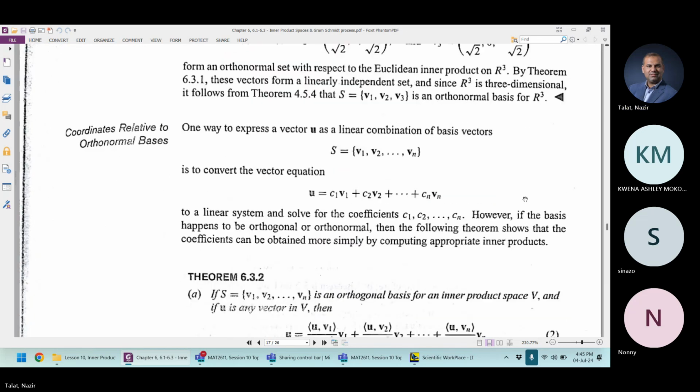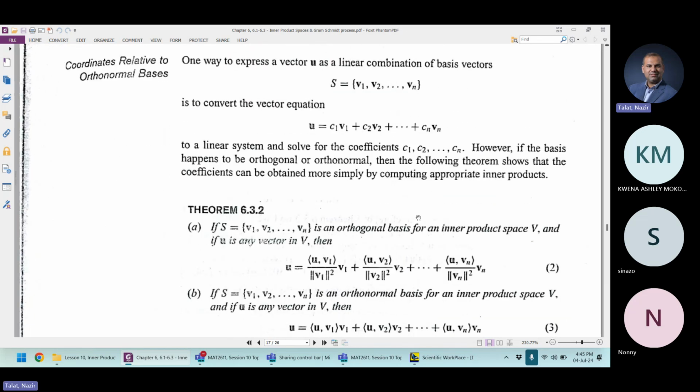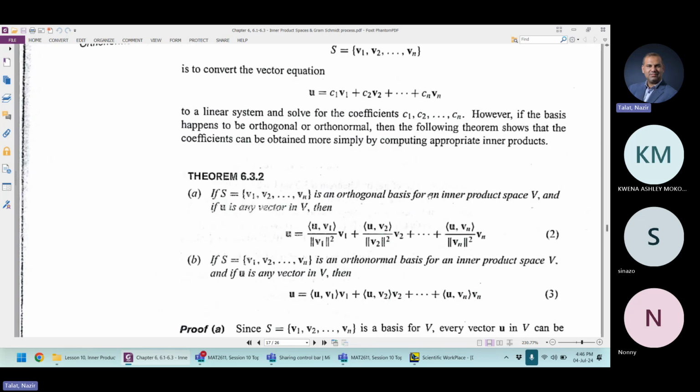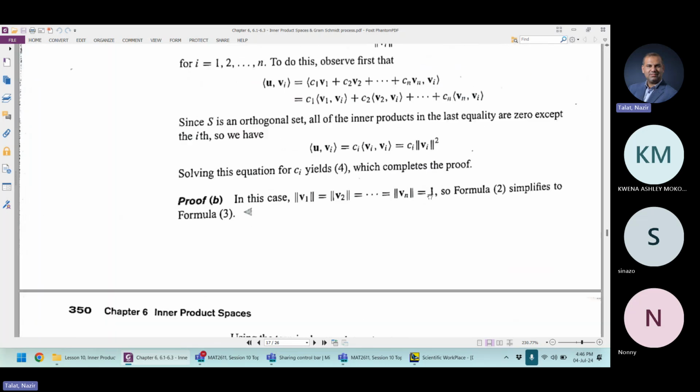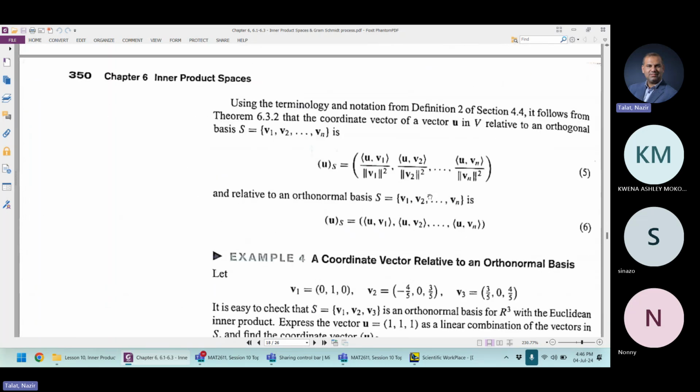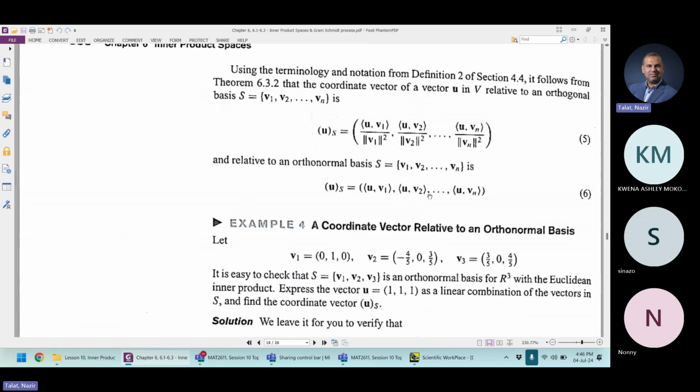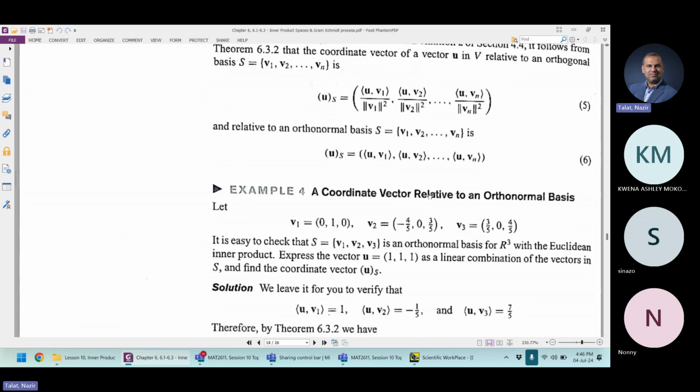Now, the Gram-Schmidt process allows us to obtain the orthonormal basis, and the method is quite simple. There are some proofs of that, which I omit due to time. But it allows us to get the orthonormal basis.